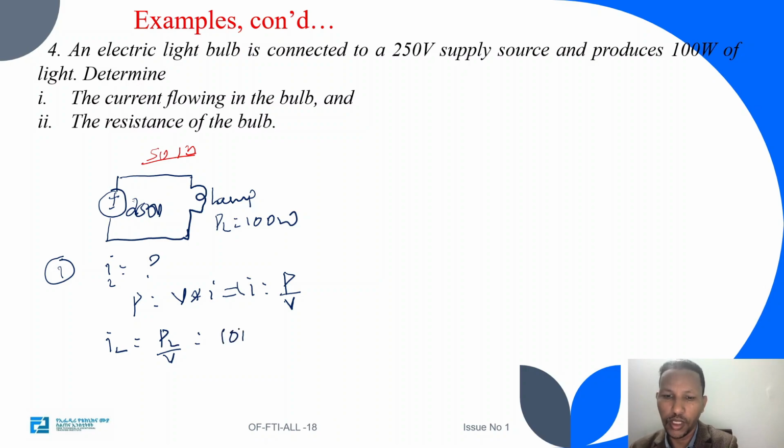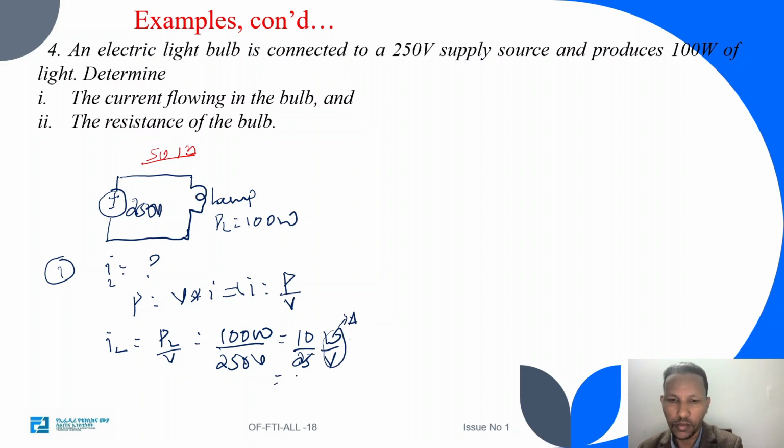PL is 100 watt, and the source voltage is 250 volt. So you have 10 over 25 watt over volt, which, you know, the expression for watt over volt is current, which is ampere. So you have 0.4 ampere.